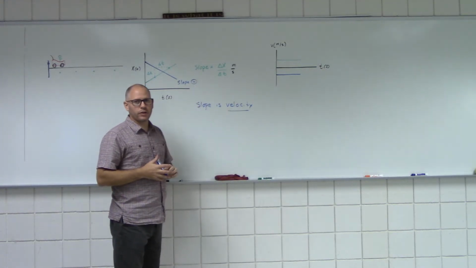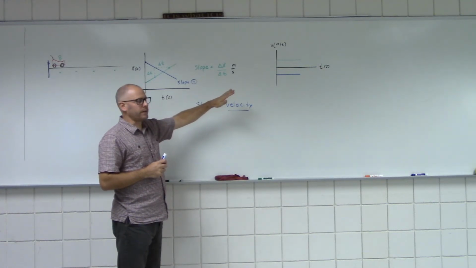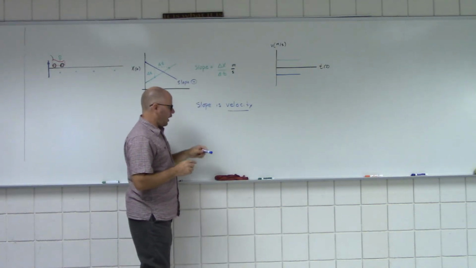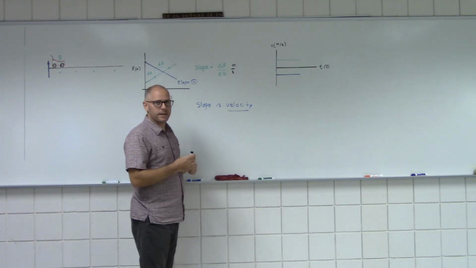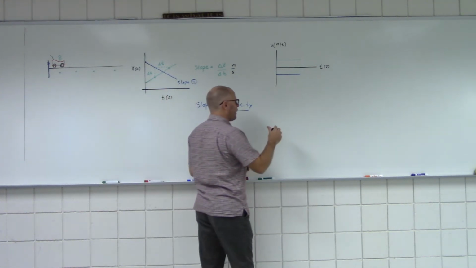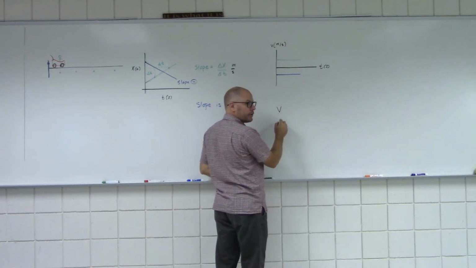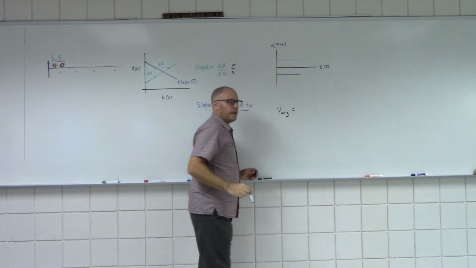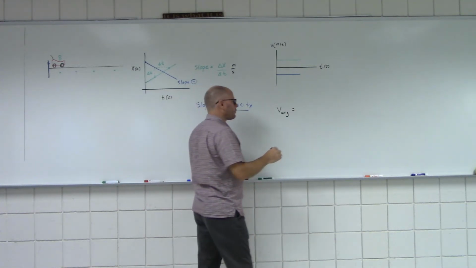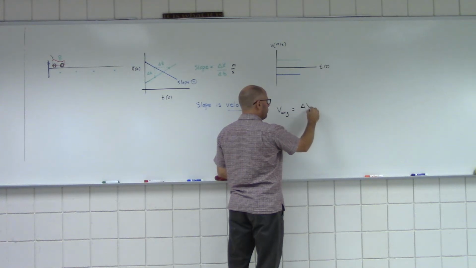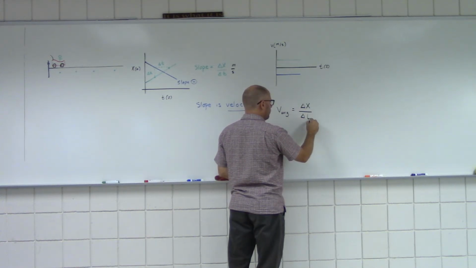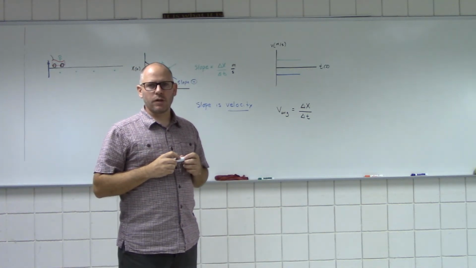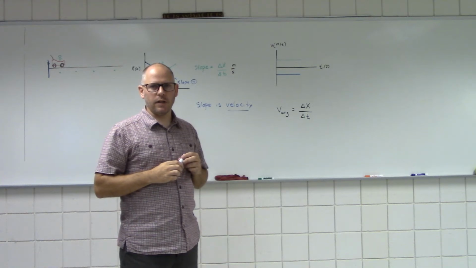If your speed is changing, and we'll talk about that next time, it may look a little bit different. So our general concept for this works like this. If you want to find the average velocity, you calculate it by taking the change in the position divided by the change in time.